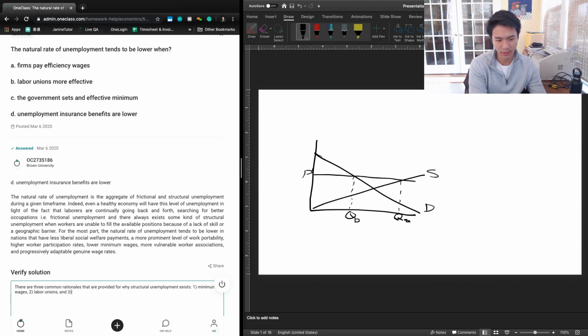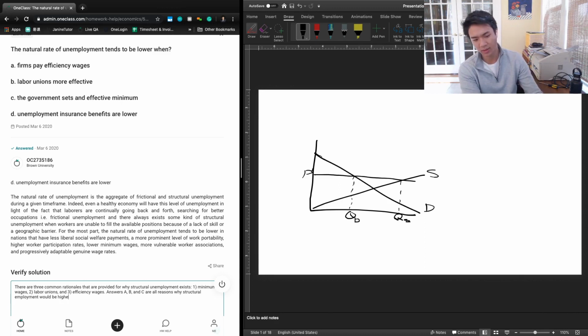And 3, efficiency wages. Answers A, B, and C are all reasons why structural unemployment would be higher. Therefore, they would increase the natural rate of unemployment rather than decrease it.